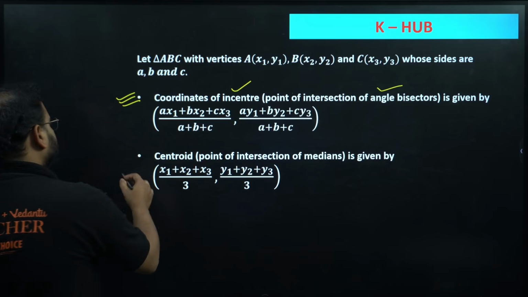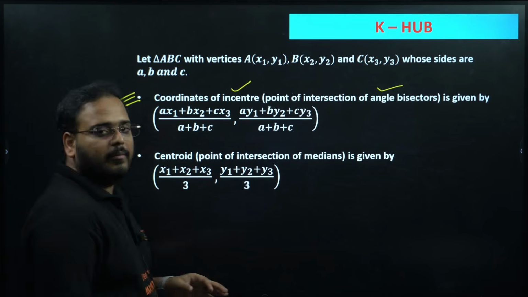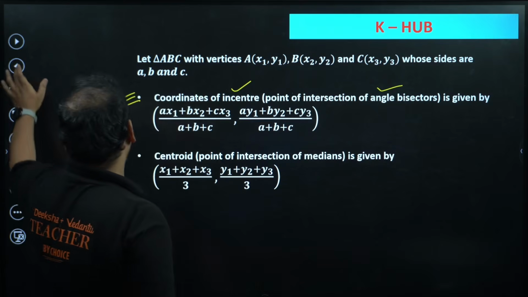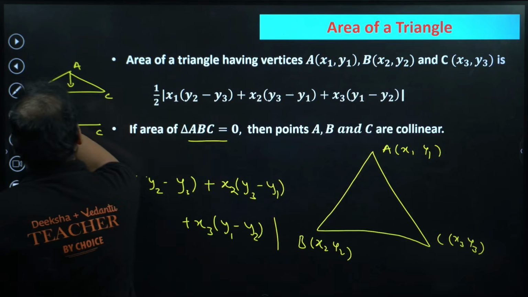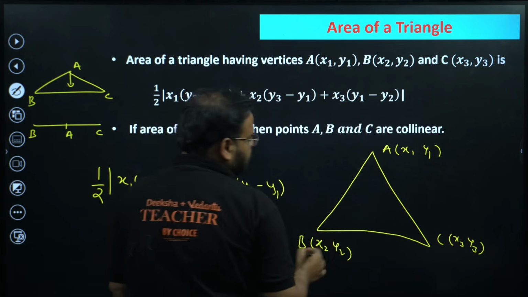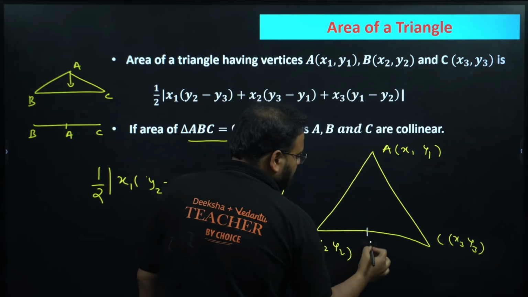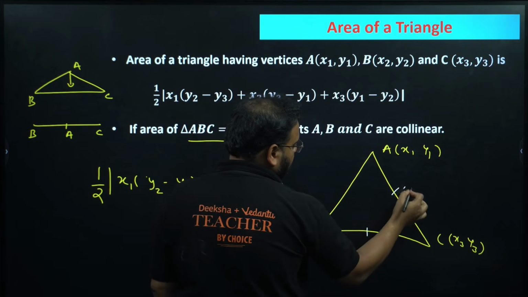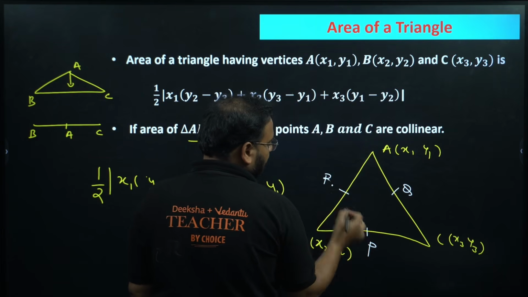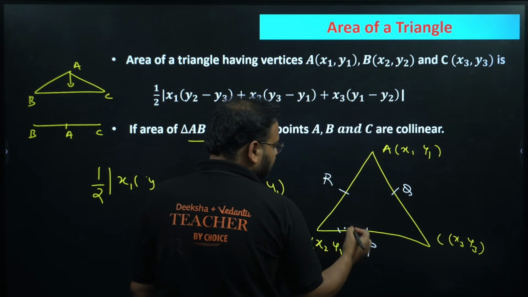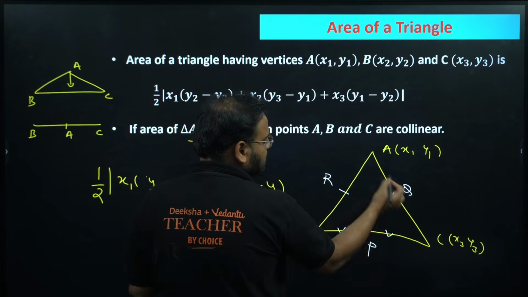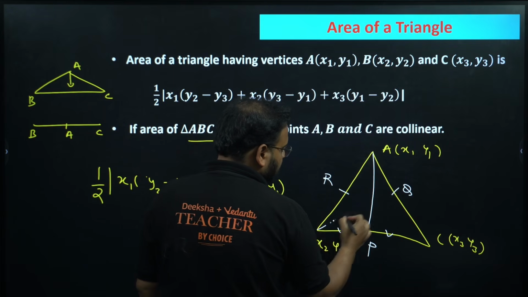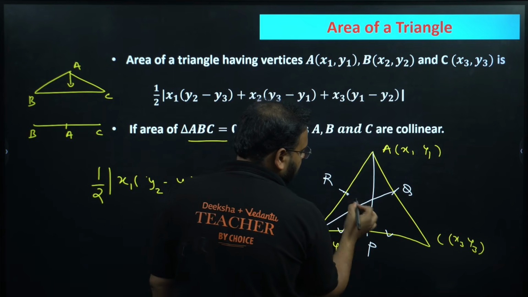Centroid, this is very common. How do we get the centroid? Simple. In the same triangle, if we try to construct the medians, what are medians? Midpoints of the sides, let's say I call this point P, and let's say Q and R. Then we get the midpoints. What is the meaning of midpoint? It means this side and this side are equal. Same goes for everything. So this is going to be called AP, this is BQ, and we have CR.